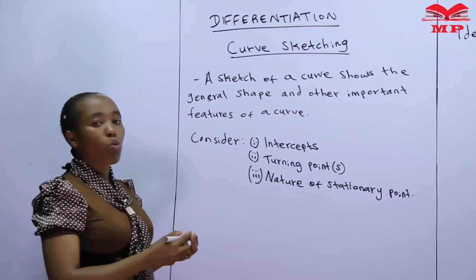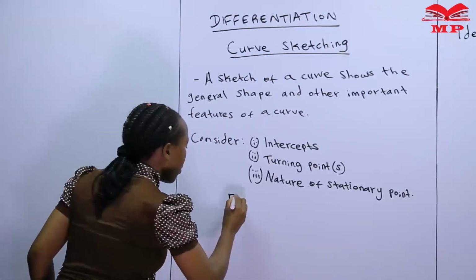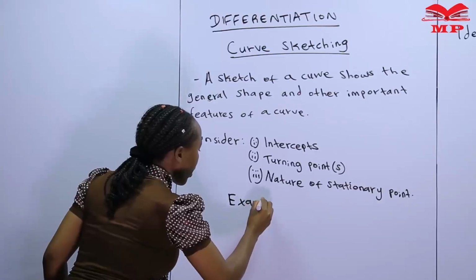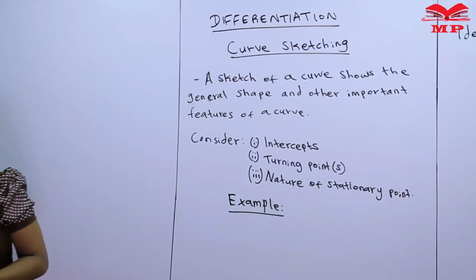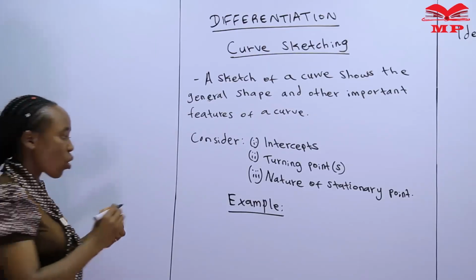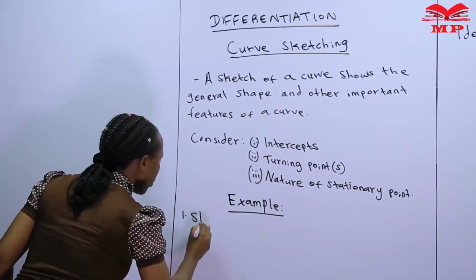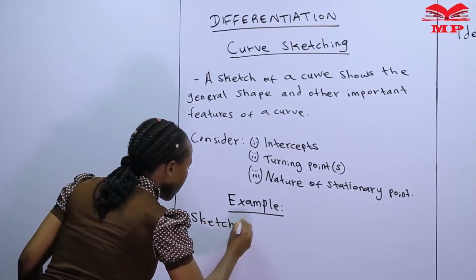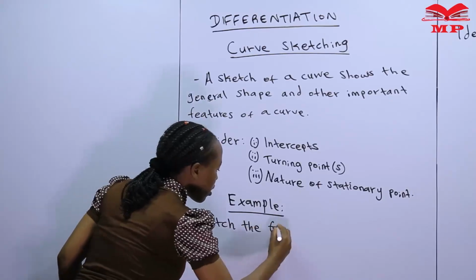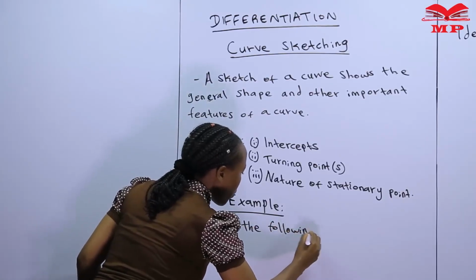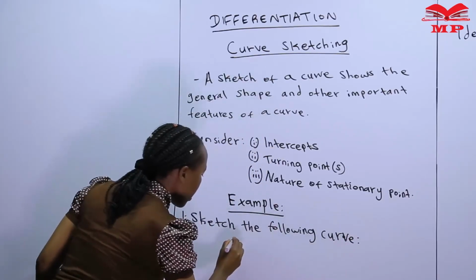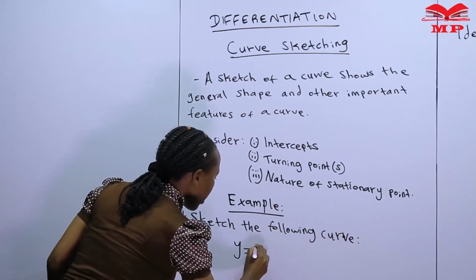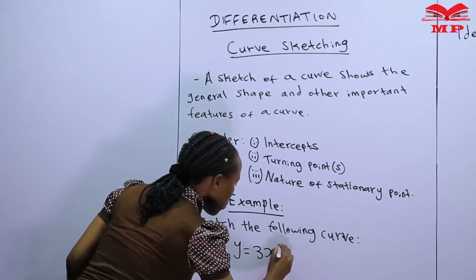Now, I'd like us to do an example whereby we are going to sketch a curve. We are told to sketch the following curve, and the equation for the curve is y is equal to 3x squared.